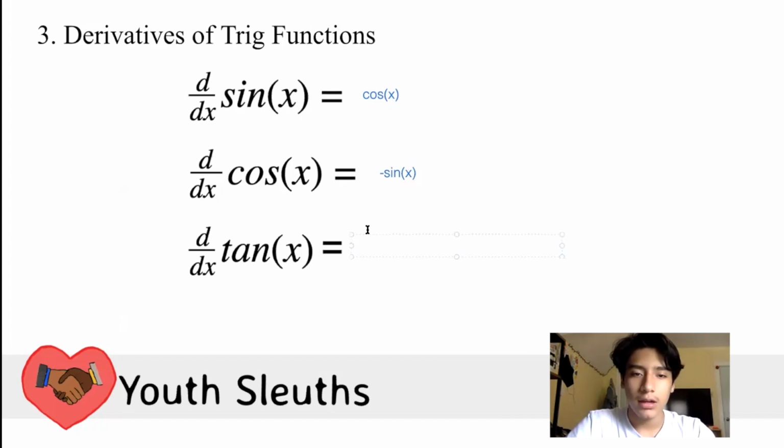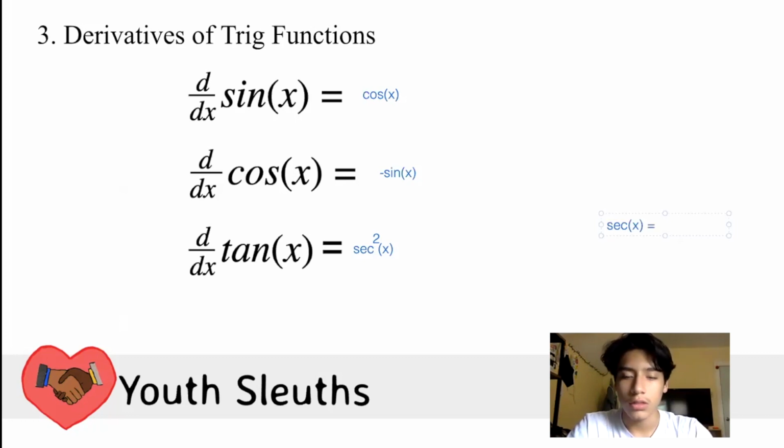And lastly, we won't be learning how to graph tangent today, but it's still great to have these three memorized, since these three are very common in calculus. So the derivative of tangent is just secant squared of x. And for those who don't remember, secant is just the reciprocal of cosine.